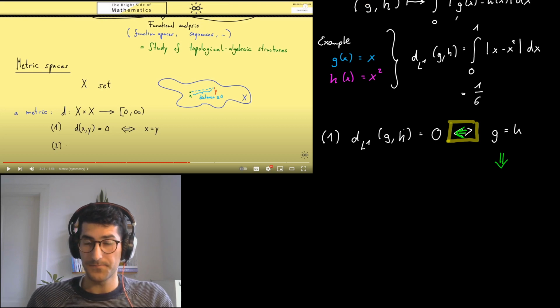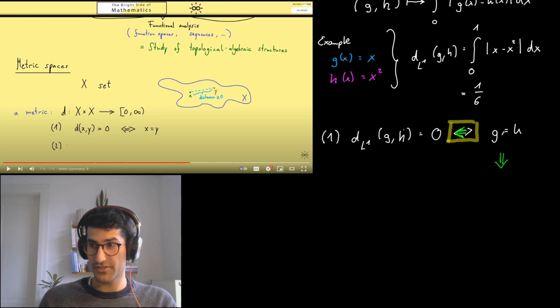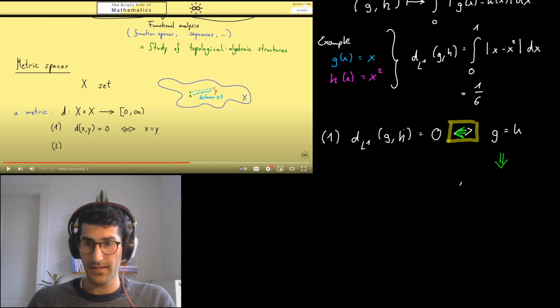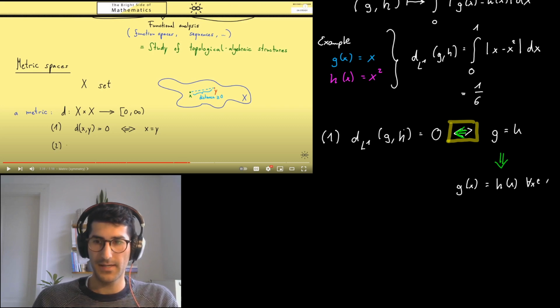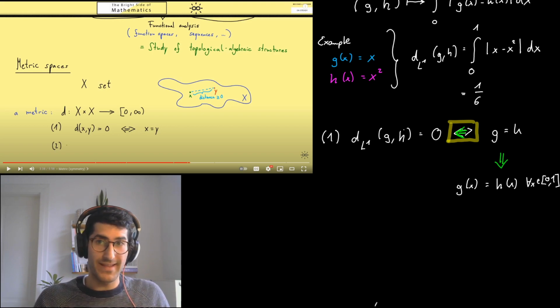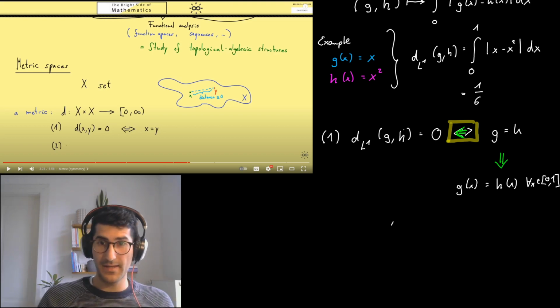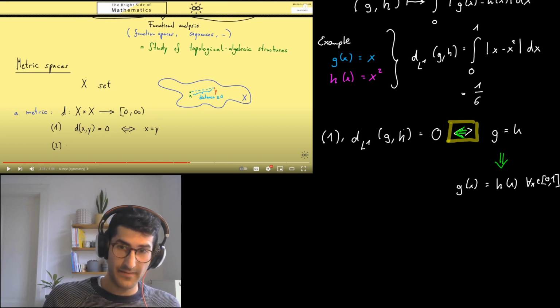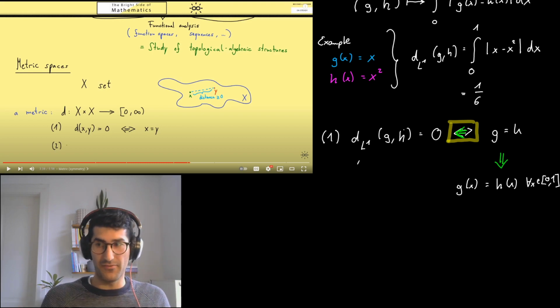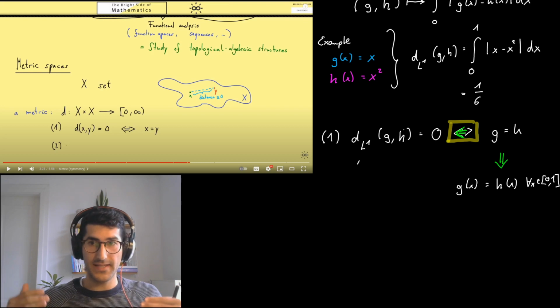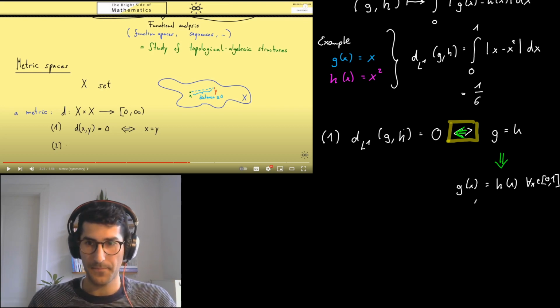This means if g equals h, then we know that g of x equals h of x for all x in the interval 0, 1. Let me reformulate this, already having in mind that I want to recycle this information in the setting of our L1 metric.